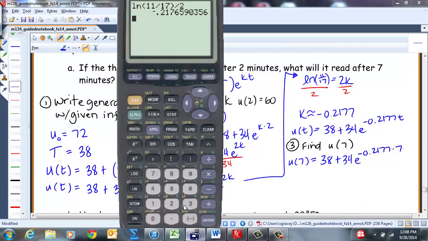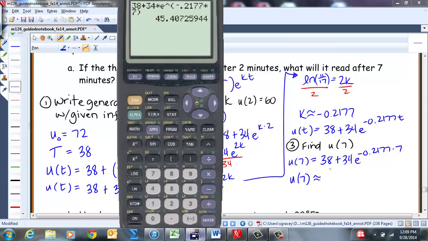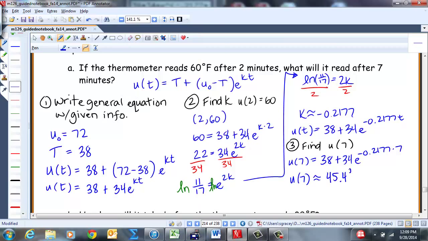In our calculator, okay. So the temperature after 7 minutes will be approximately, we found, to be 45.4 degrees Fahrenheit.